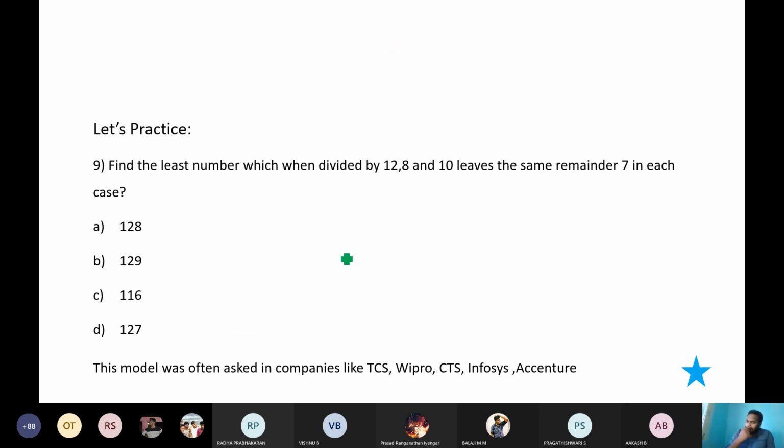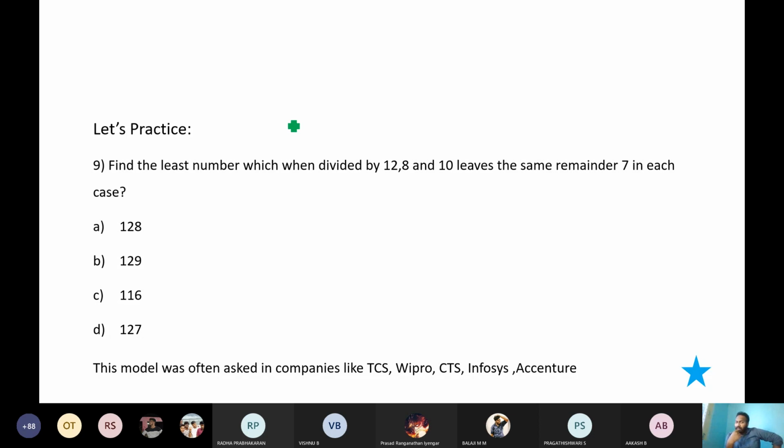It's a simple question now. Come on, guys, what is the answer here?